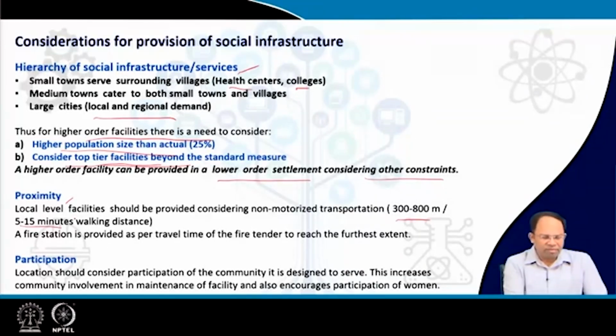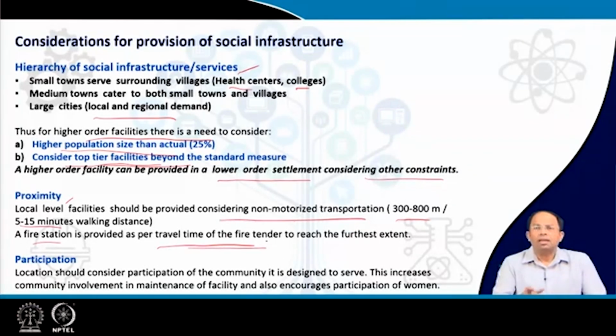On the other hand, if a fire station has to be provided, then we have to look into the travel time of the fire tender to reach the furthest extent of the area it is going to serve. In that case, the proximity is estimated differently, not in terms of walking distance or non-motorized transportation, but in terms of the time in which the fire tender will arrive at the place where the fire has happened.